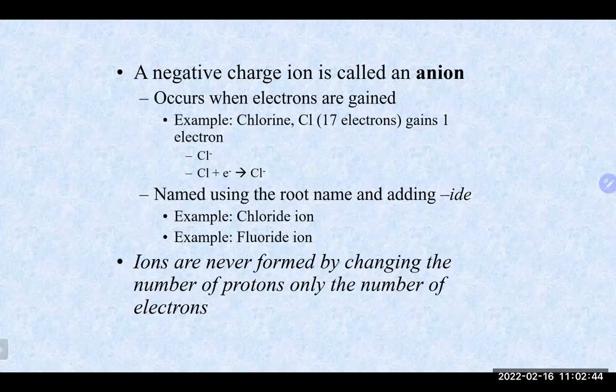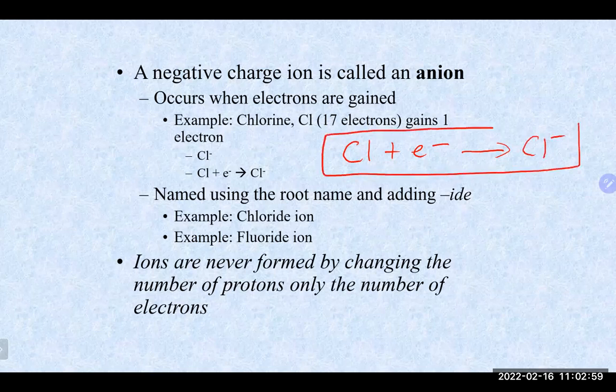Something like chlorine will actually gain an electron. So we could represent that by putting the electron on the left-hand side of the arrow, like it's being added to the chlorine. And as a result of that, we will end up with a chlorine with a negative charge. Again, chlorine going from 17 electrons to 18 electrons in that particular case.